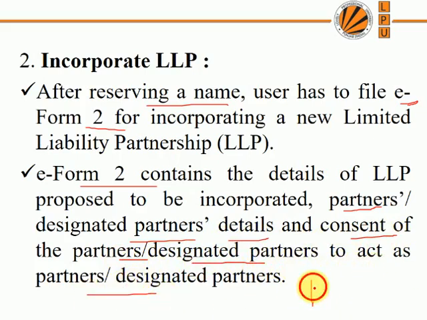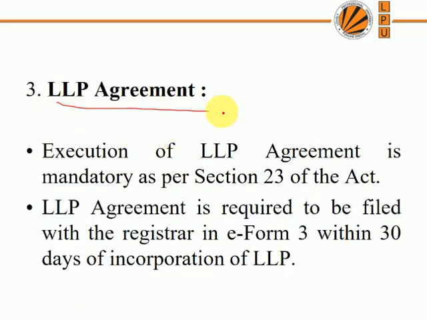Say in the form it is said Mr. A will be a designated partner. He has to give his consent that yes, I agree to be a designated partner of this limited liability partnership. The last step is the LLP agreement.